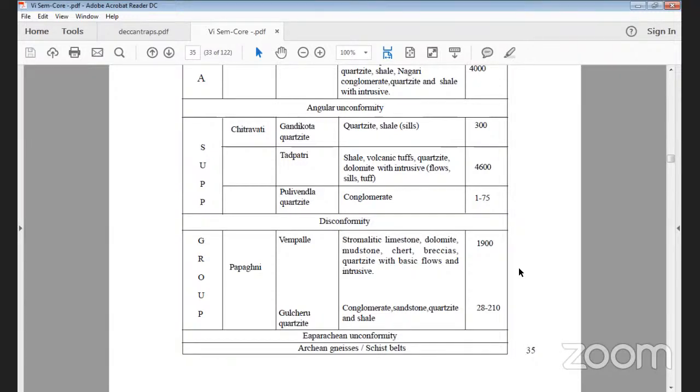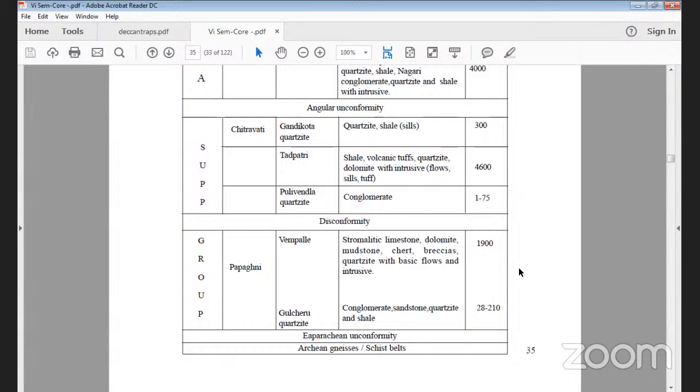Again, the Chitravati contains the Tadpatri formation. The lithology of the Tadpatri formation includes shale, volcanic tuffs, quartzite, and dolomite with small intrusions. Small intrusions here means volcanic flows that came towards the surface and look like sills and tubes.